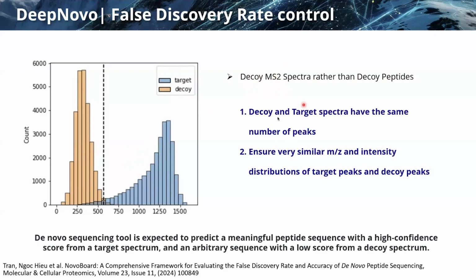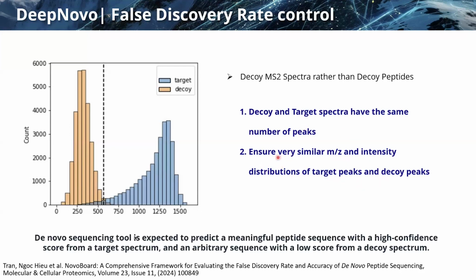And in order to successfully do that, there are several conditions that we need to satisfy, but the two probably most important are, while we are adding those random masses, the decoy and target spectra must have the same number of peaks. And the other thing is we need to ensure very similar m/z and intensity distributions of target peaks and decoy peaks.